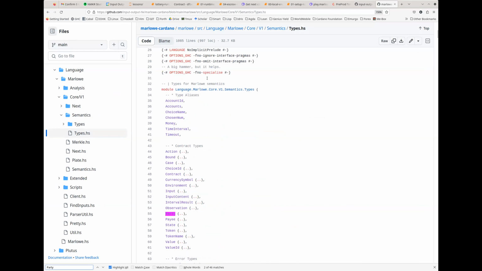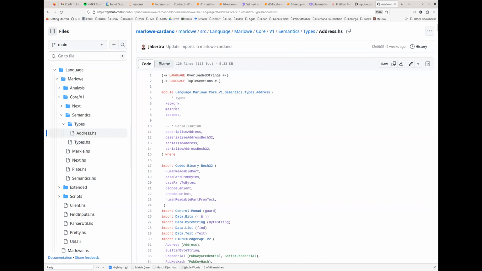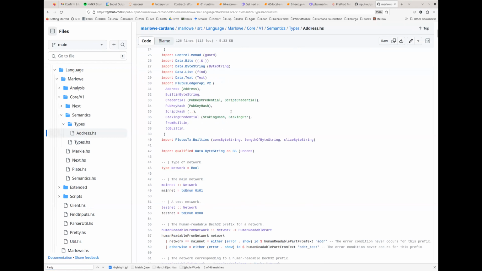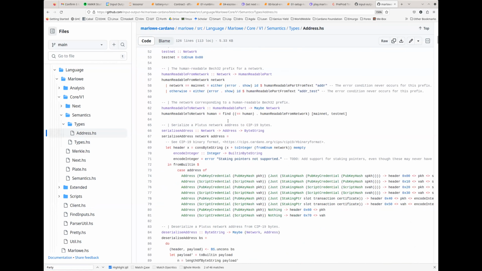It's a boolean. Network is a boolean. It's a bit stupid. Let's see. Okay, fine. There they have defined mainnet testnet. Okay, that's good, at least. Okay, anyway, okay, fine.